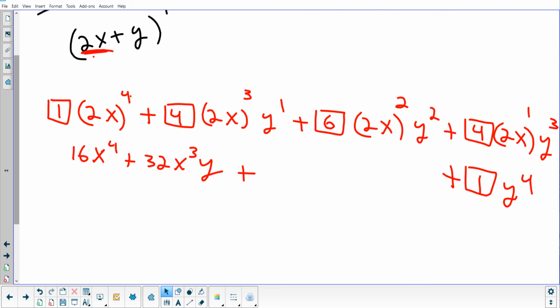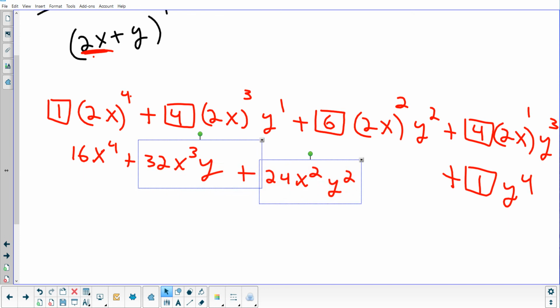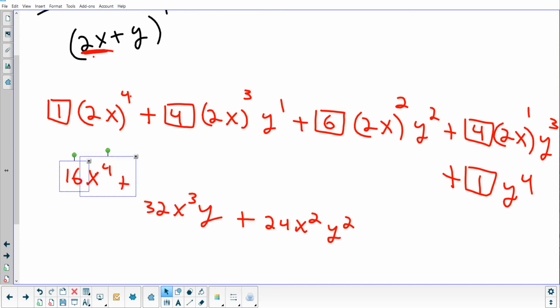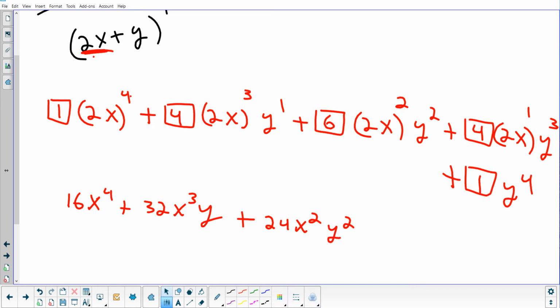All right. Now we have 2x squared. What's 2 to the 2nd power? 4. Times 6. 24. So we have 24. X to what power? Squared. Y to what power? Squared. We did the 3rd one. Okay. 4th one.